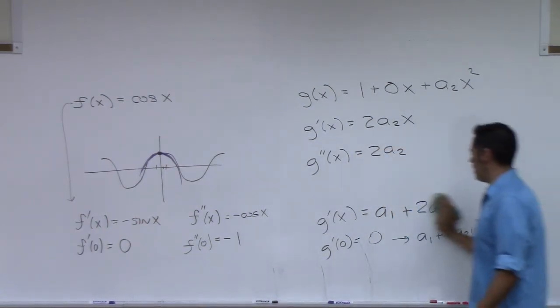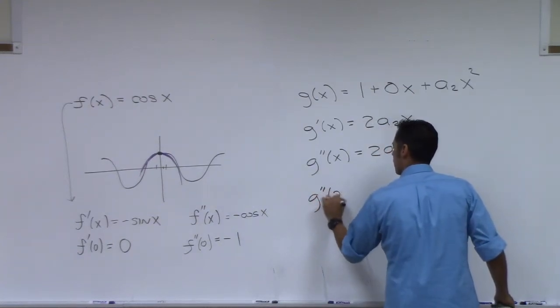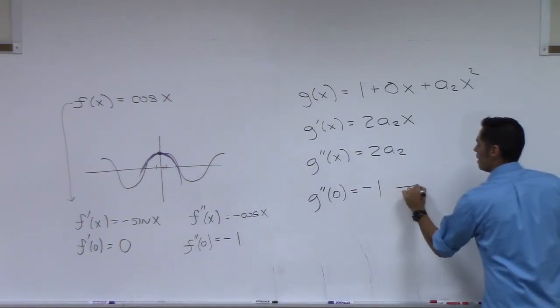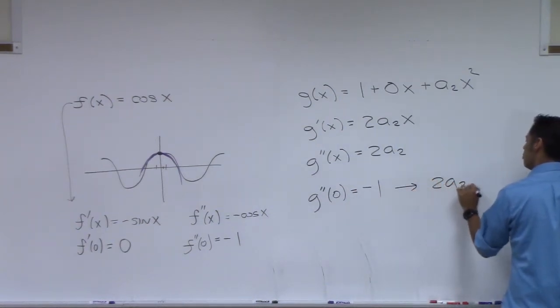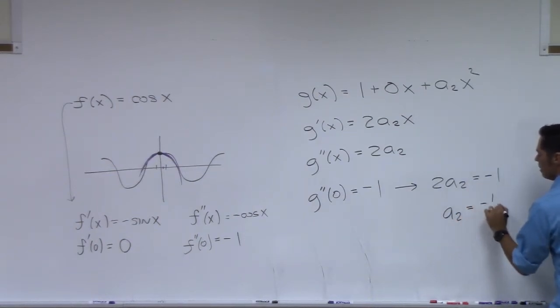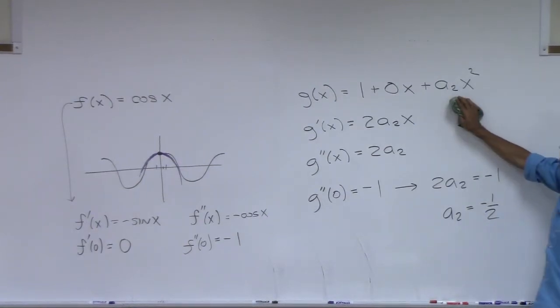And what do I want from this? When I plug 0 into this, I want it to be negative 1, right? Which means that 2a sub 2 needs to be equal to negative 1, which means a sub 2 needs to be negative 1/2. And now I've got a value for a sub 2, negative 1/2.